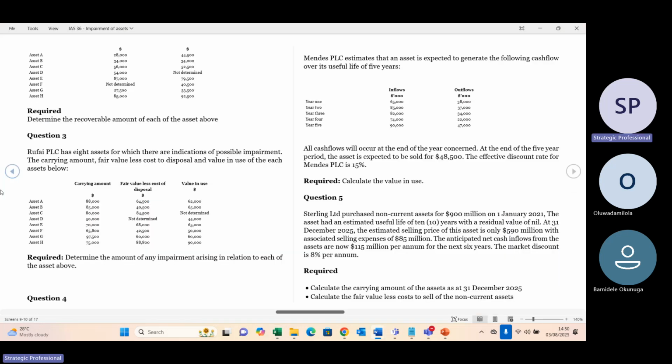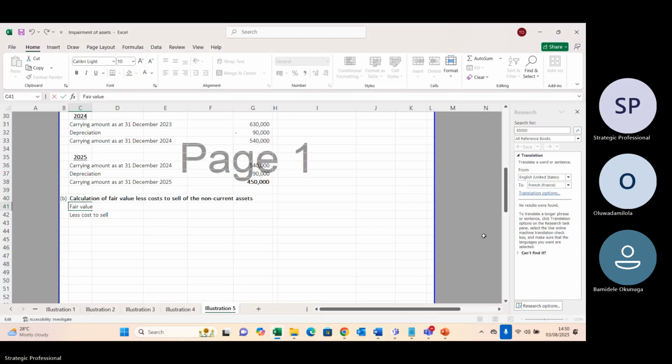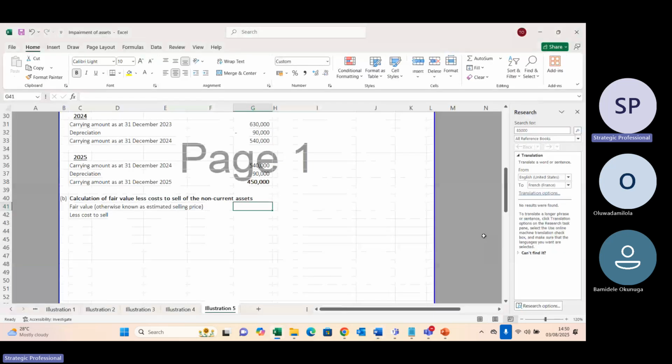Now in this question, we did not call it fair value. We say at 31st December 2025, the estimated selling price. And I said another name for fair value is estimated selling price, otherwise known as, for the purpose of the exam, estimated selling price, which is how much? 590 million.